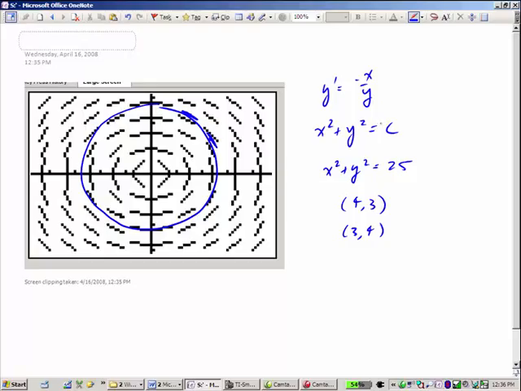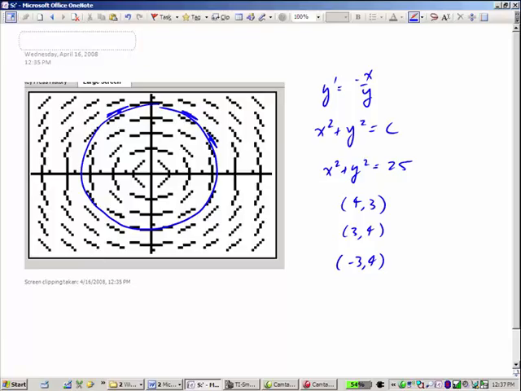Likewise, I could take negative 3, 4. At negative 3, 4, the slope should be about 3/4, and so that works. So everything that we've learned about slope fields works with this differential equation and the solution that we picked.